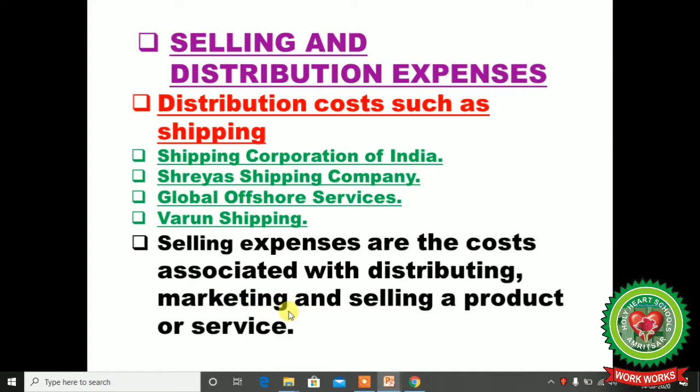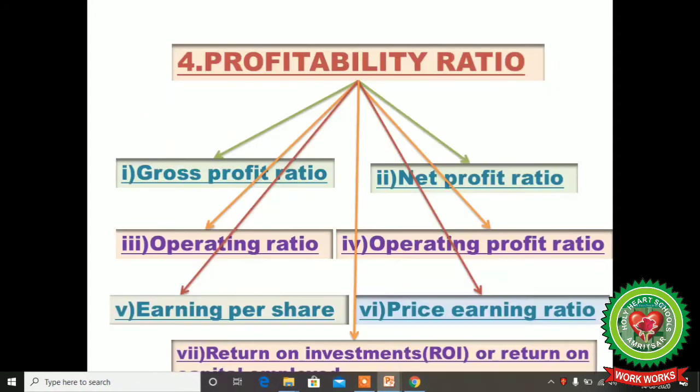When you incur a huge cost for the selling part, how to sell the goods, you need advertisements and shipping. Such expenditures come under selling and distribution expenses.